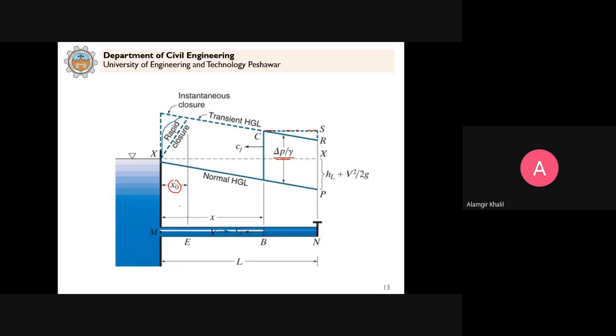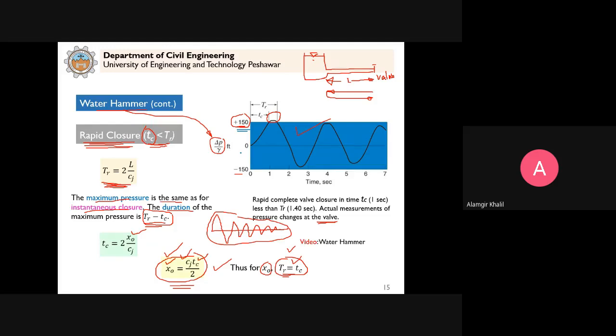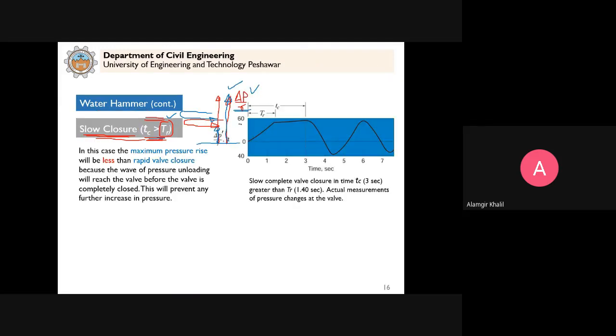For X naught and less than X naught, the greater pressure, the maximum, is not achieved. So for rapid closure you see 150 pressure head, but for slow it is 60. Why? Because the unloading pressure wave has already come back. We are still closing the valve, and that's why it will not allow the maximum pressure to occur, but keeps it lower than that.